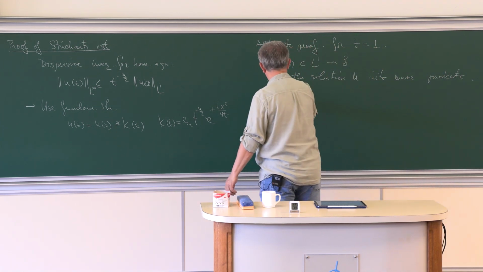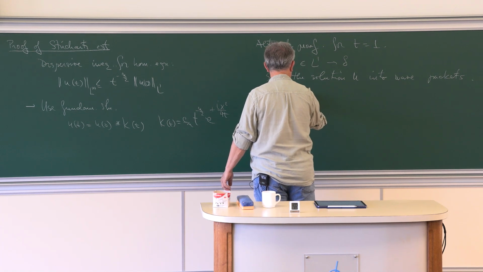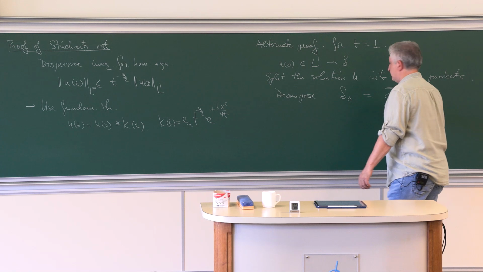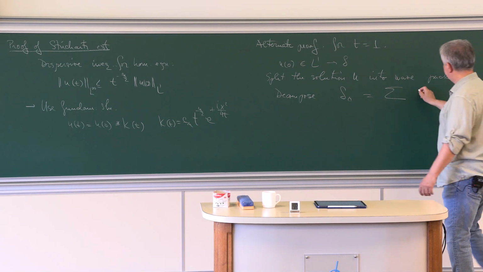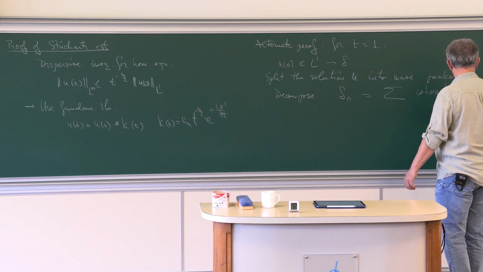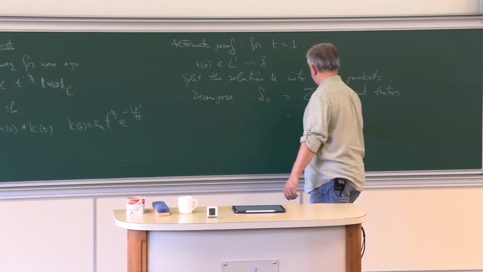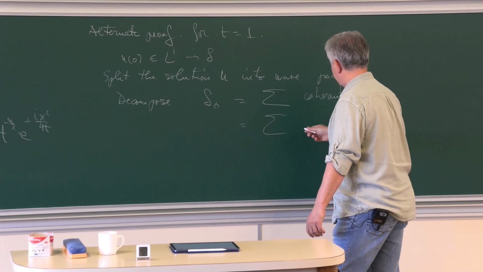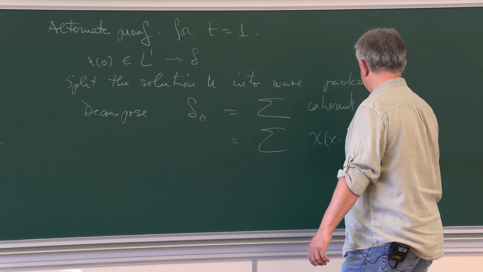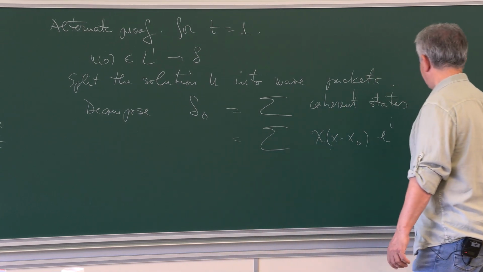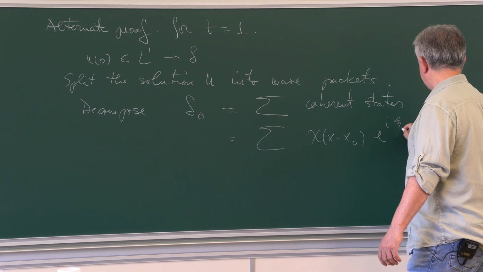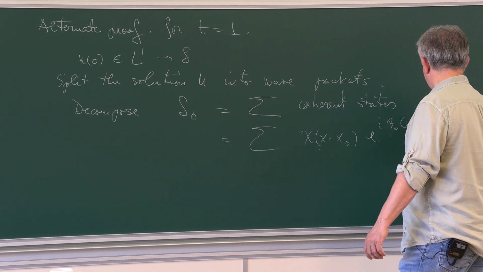So I want to decompose, let's say, the Dirac mass as a superposition of coherent states, which is like a superposition of functions of the form, let's say, chi of x minus x0 times e to the power i psi0 times x minus x0.